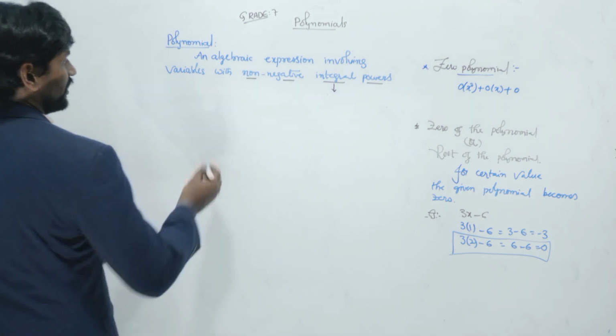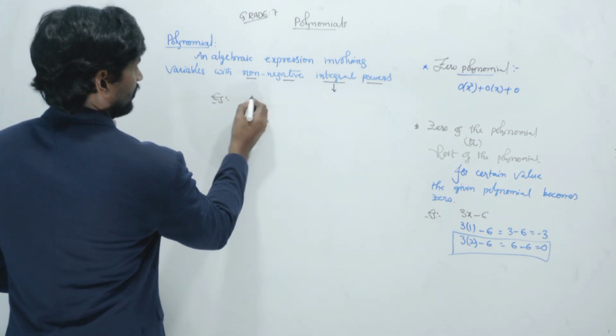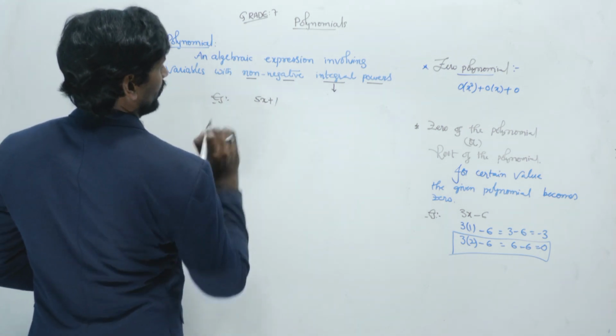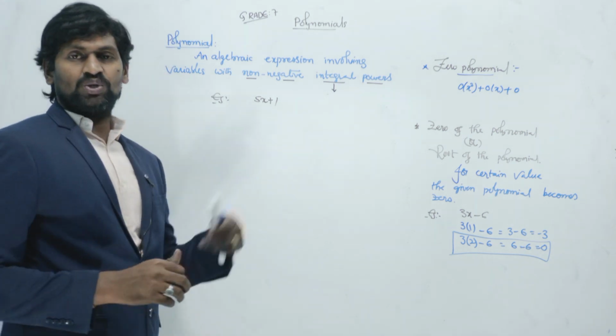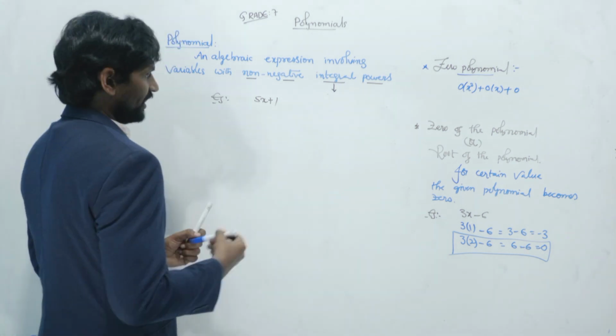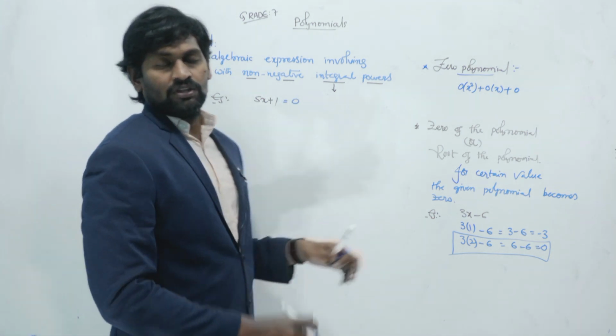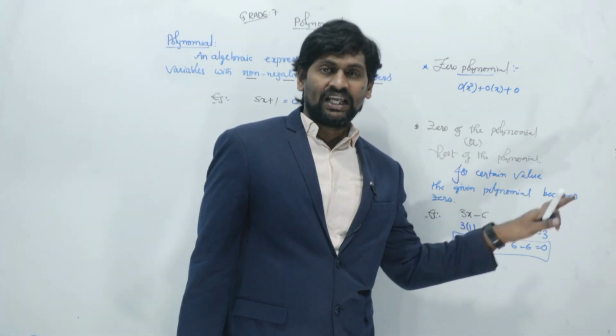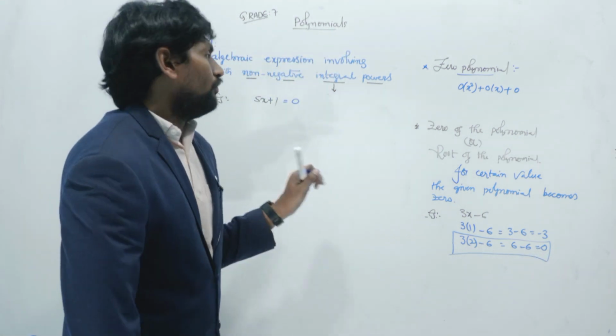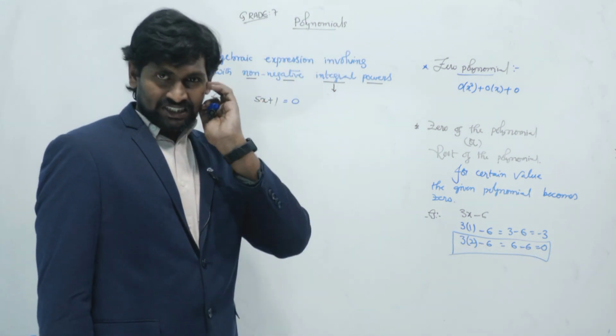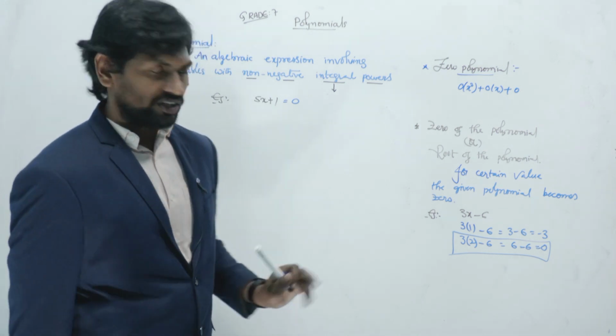For example, I am taking 5x plus 1. What is the zero of the polynomial? To find the zero or root, we should make them equal to 0. Because until then we have taken just trial and error method, but we are not following the same method every time. It is a time-taking process.